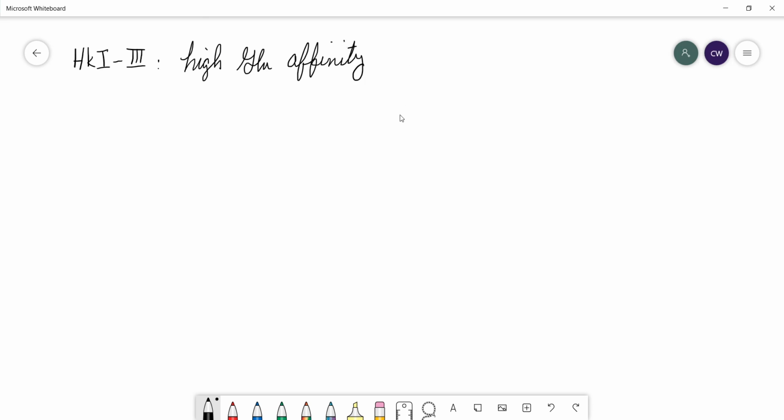They are half saturated at blood glucose concentrations on the order of 0.1 millimolar.